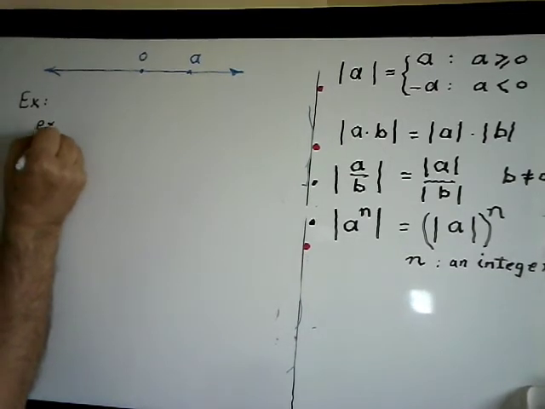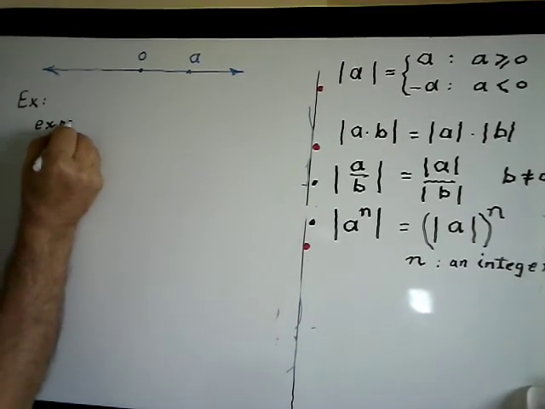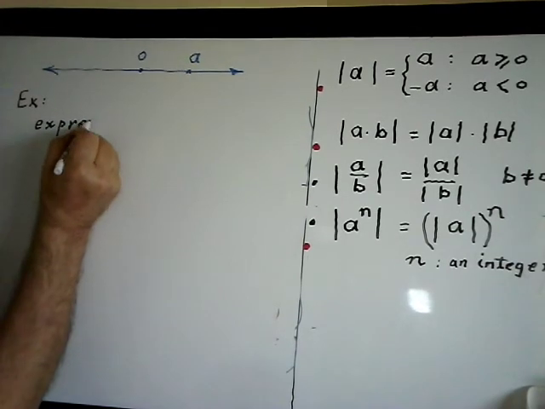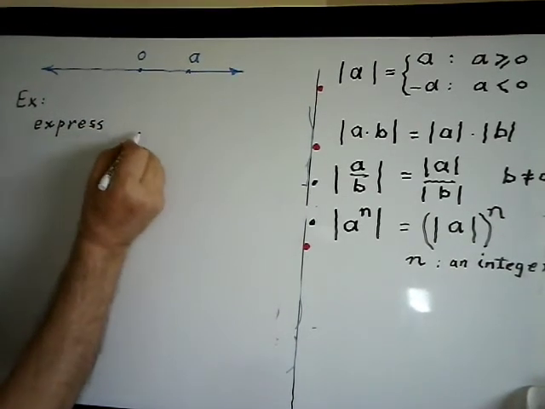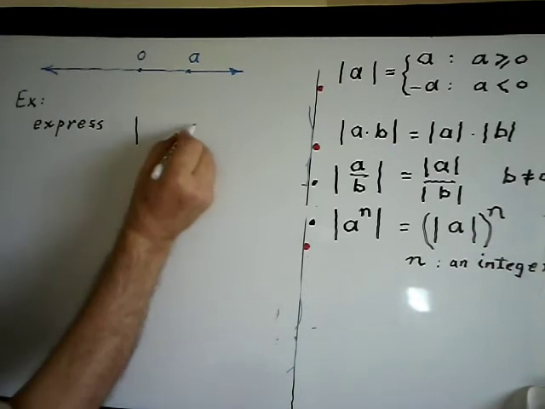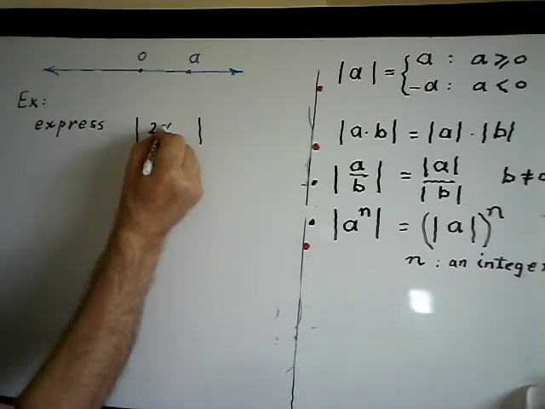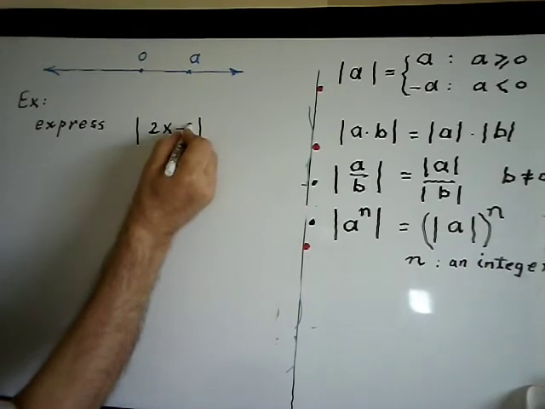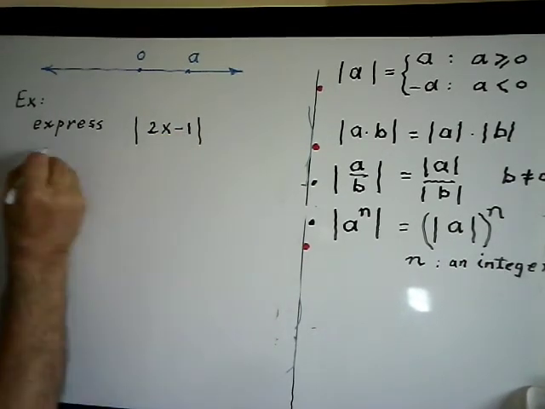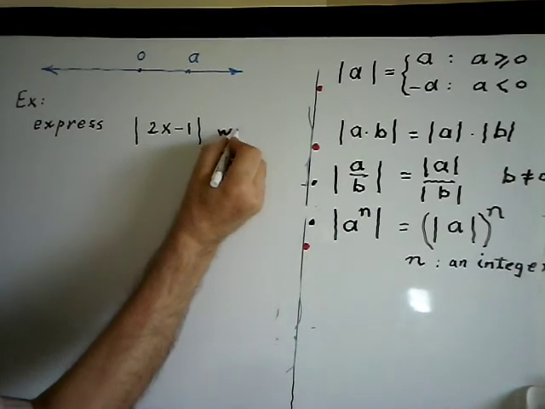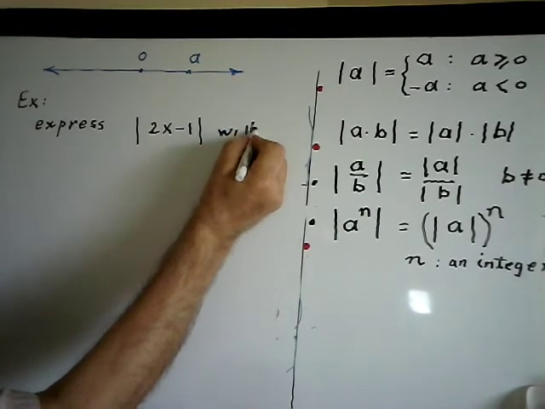Express absolute value of 2x minus 1 without the symbol of absolute value.